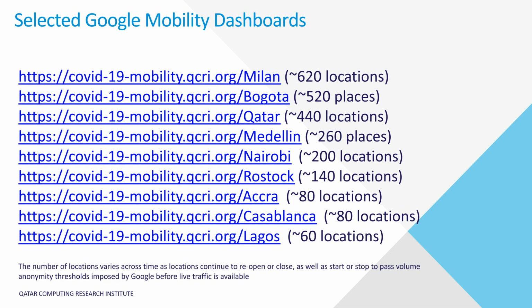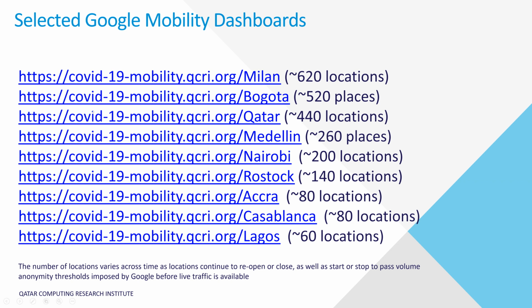Here I'm showing a few of the public dashboards that we've made available. There are more, but most of the other ones have a fairly small number of locations, so they might not be as interesting. Another thing you will observe in the list is that there's, again, a certain bias.